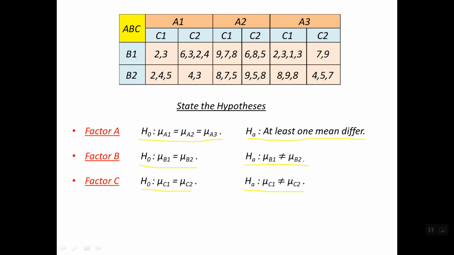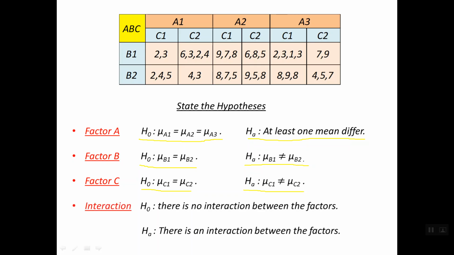Again, we have 4 sets of hypotheses for the interaction between these 3 factors. Regarding the interaction, the null hypothesis always states that there is no interaction between the factors, while the alternative hypothesis states that an interaction exists between the factors.